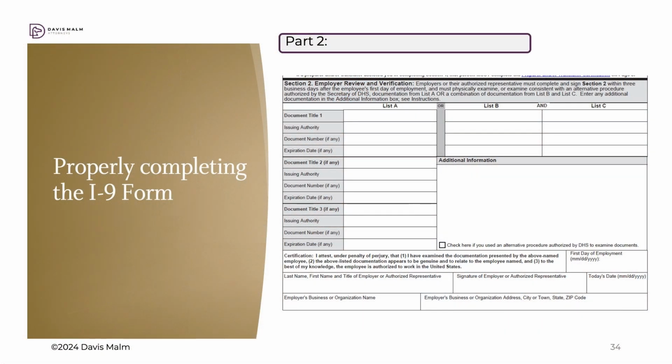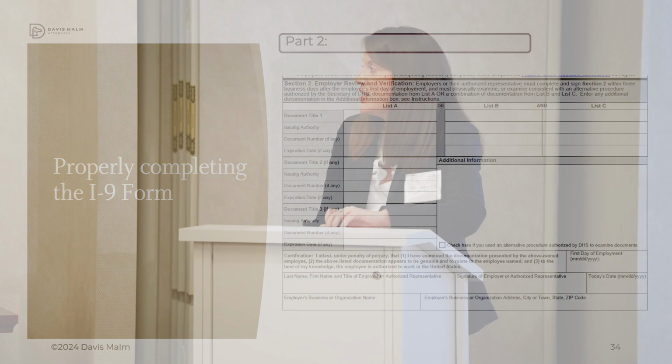And then let's look at Section 2. Again, right on the form, it says within 3 business days from the first day of employment, the employer needs to complete this section. So retention, how long does an employer need to retain the I-9 form?